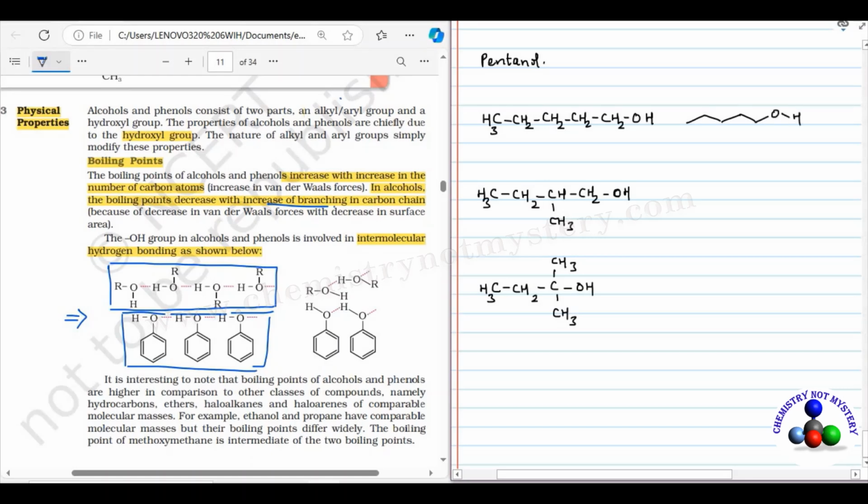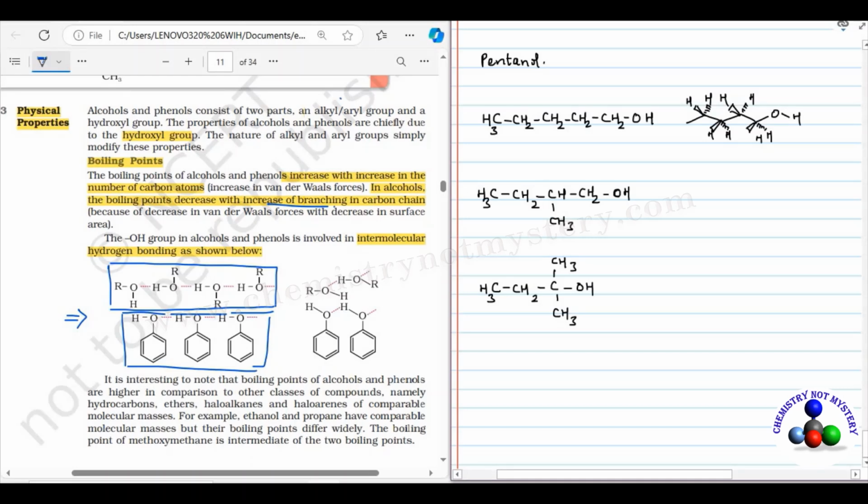As each carbon is sp3 hybridized, here there is a front bond, this is a rear bond, this is a front bond and this is a rear bond. Here there is a front bond and this is a rear bond. Similarly, this is front and this is a rear bond. And everywhere hydrogen is there. So here this is hydrogen, hydrogen. And here also it is CH3.